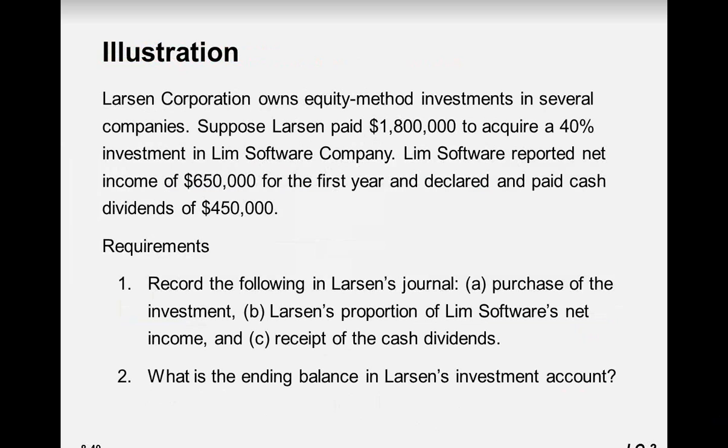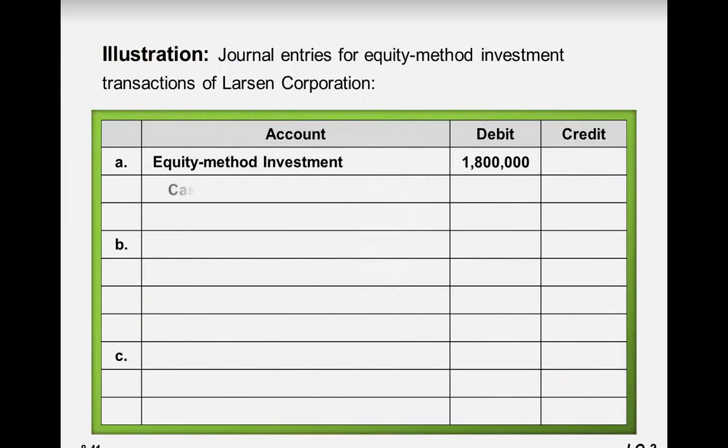Another illustration, equity method. We paid $1,800,000 to acquire 40%. $650,000 was recorded as net income, and cash dividends were paid out of $450,000. So how do we record all of these items, and what is their ending balance? Record the investment first.